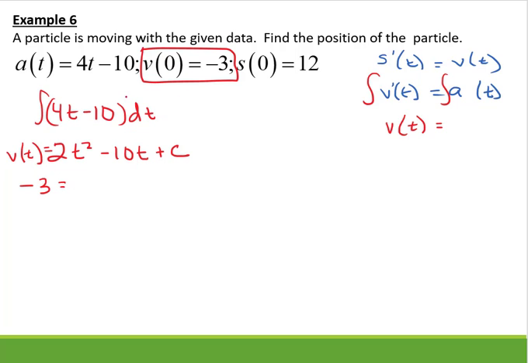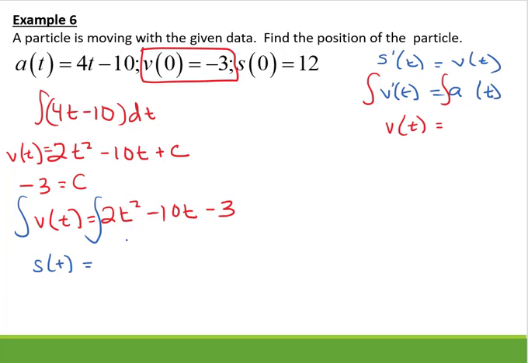Now I take the antiderivative of velocity. The antiderivative of velocity is position. I'm going to have 2/3 t cubed minus 5t squared minus 3t plus c.